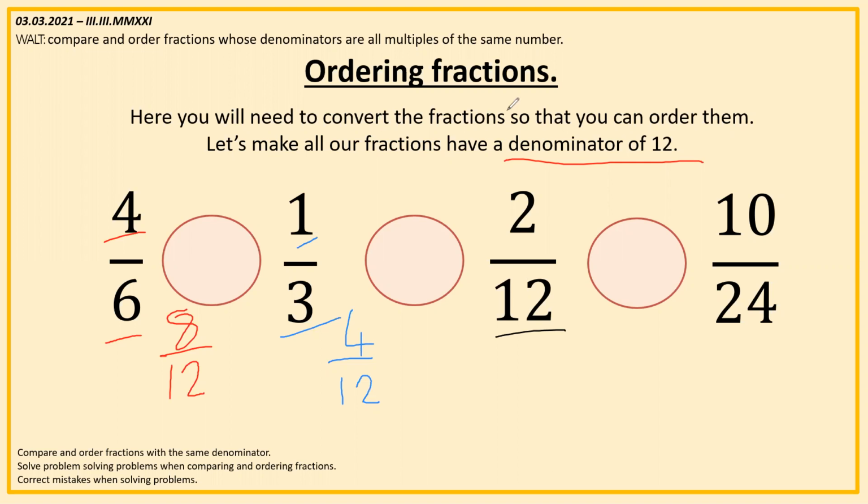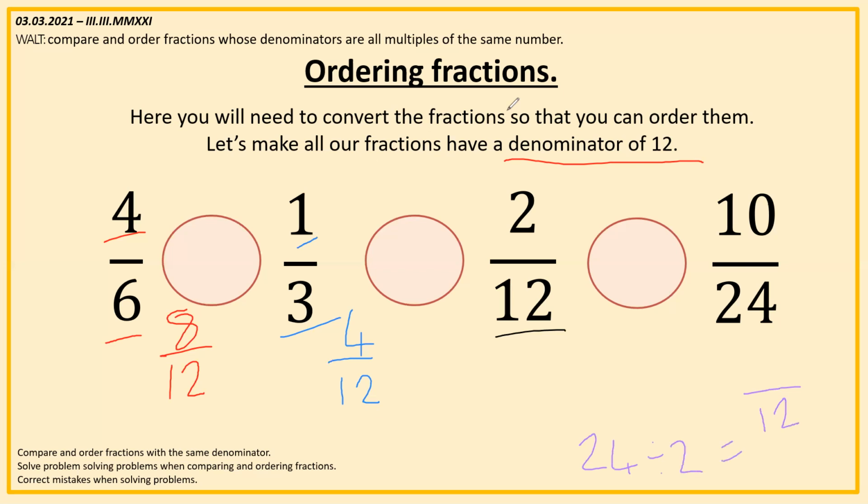And then we've got 10/24. This time we're going to have to divide rather than multiply because 12 is less than 24. How do I get from 24 to 12? Well, I divide it by 2. 24 divided by 2 equals 12.